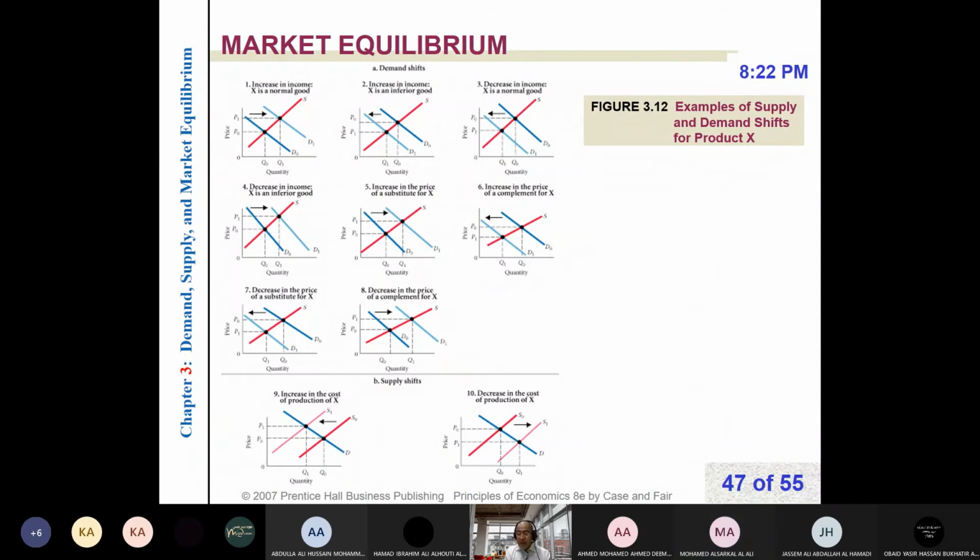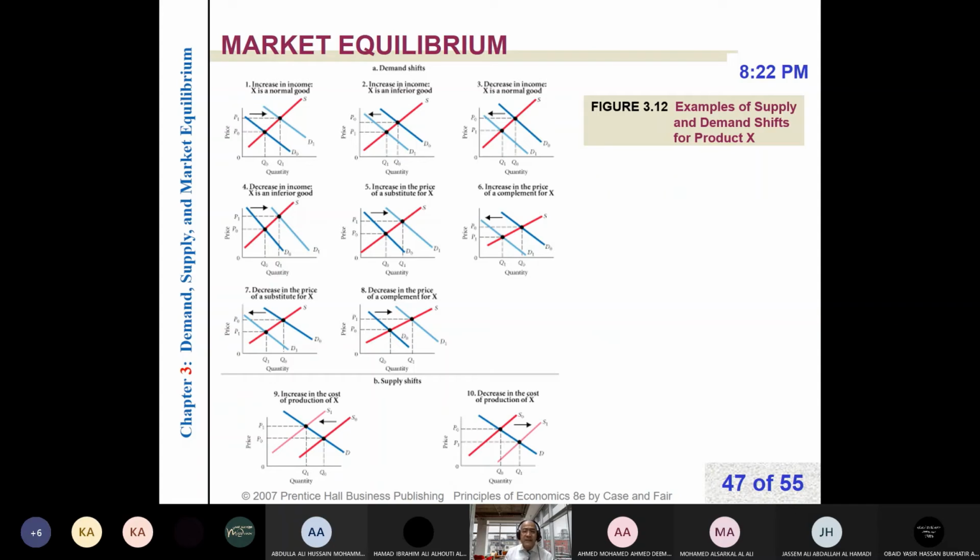Okay. Another example. I will give you some examples. This dot refers to the initial equilibrium point. What happened in number 10, decrease in production cost? Assume the rent of agricultural land decreases in the whole market.